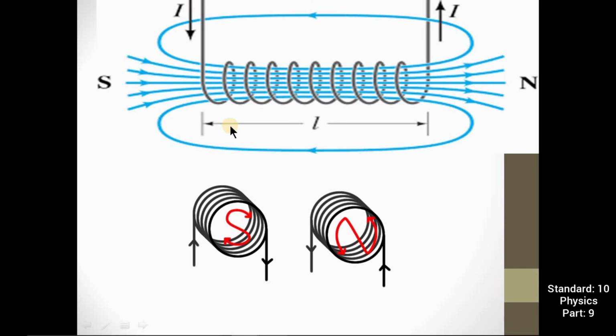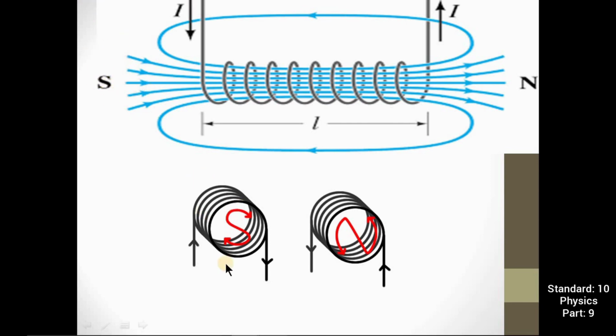How to find the south and north? The current is passing in here and leaving here. Look at this coil. Take the solenoid, look at it from your side, and stand at this side.